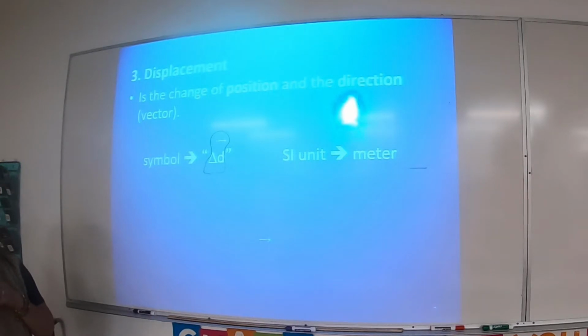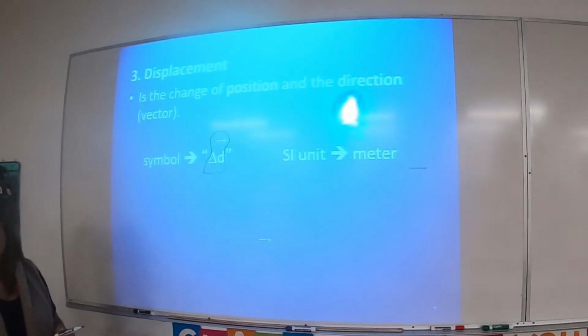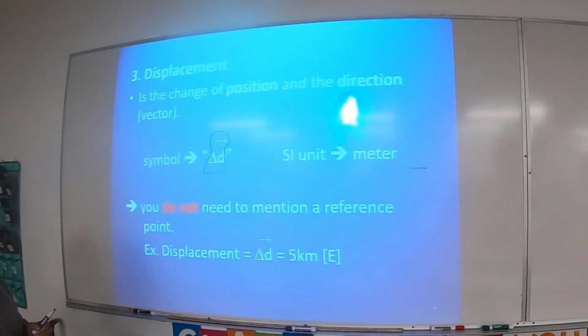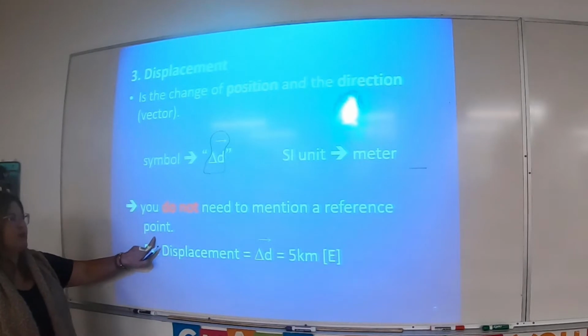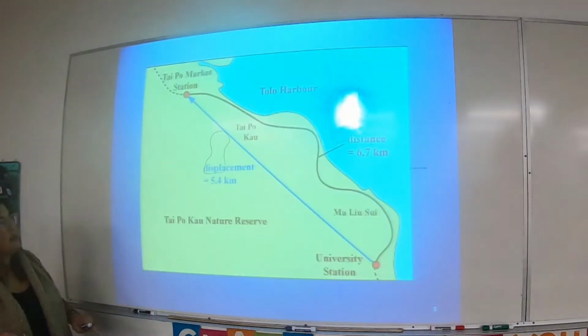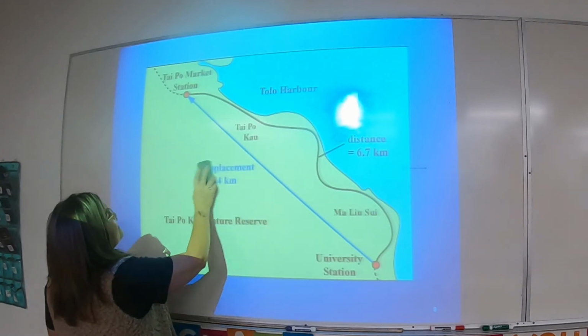We no longer have to have reference coordinates. You do not need to mention the reference point. Displacement is your delta D, and it would be 5 kilometers east. It's a straight line segment from beginning to end. Okay, so this is a good example here.